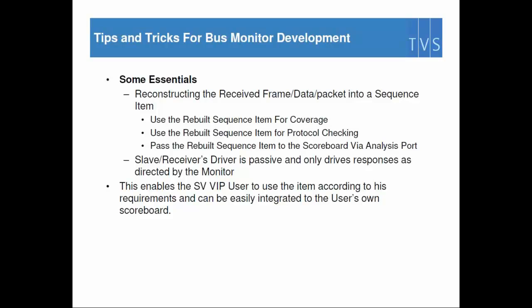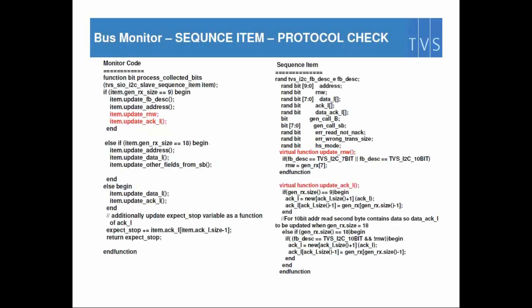Then we can talk about how to develop the bus monitors. It would be building sequences for reconstructing the received frame or data into sequence items. Whenever we receive the data, we collect the data, frame it into a particular packet, and that packet can be given to different layers, let's say for coverage, for protocol checking, and for the scoreboard.